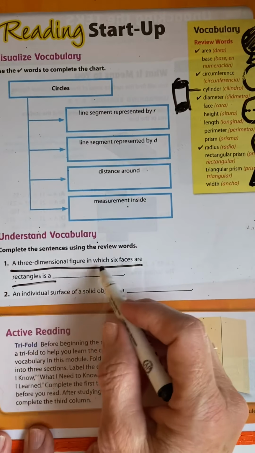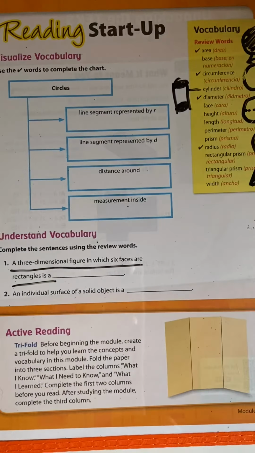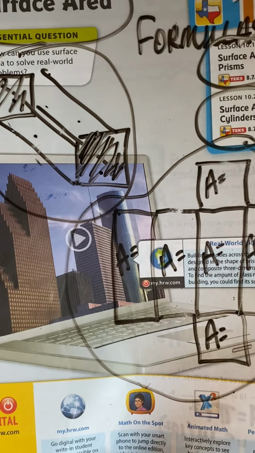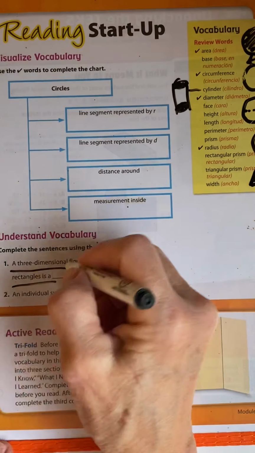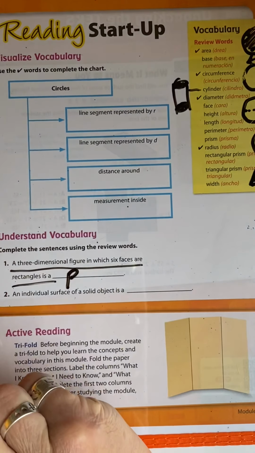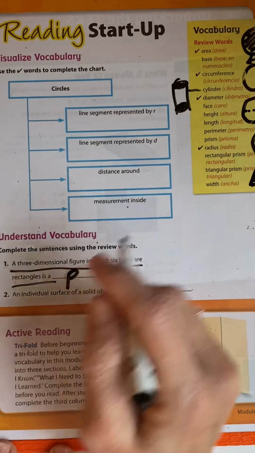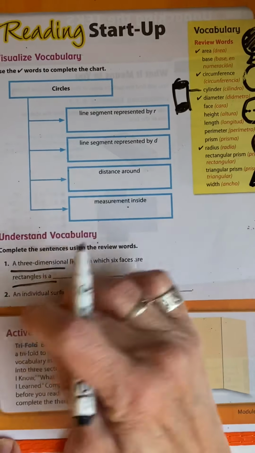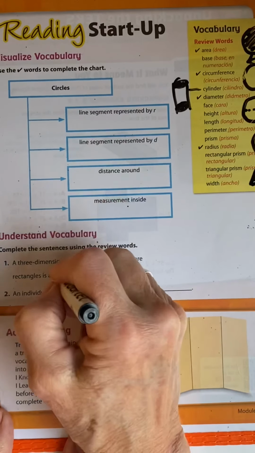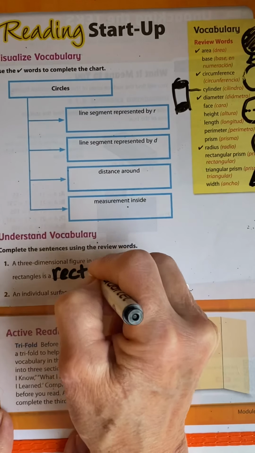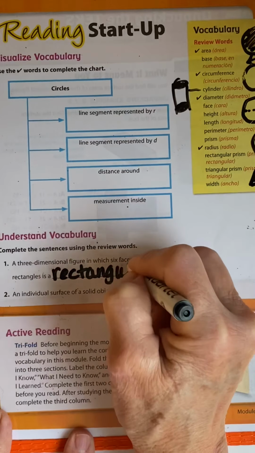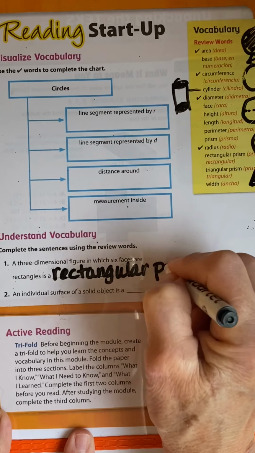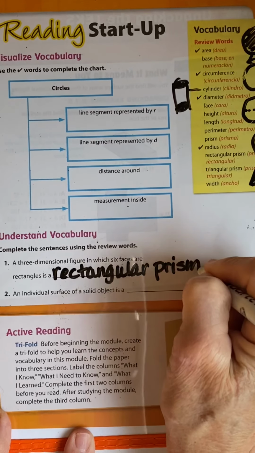So which one is a three-dimensional figure in which 6 faces are rectangles? Well, what's that called? The rectangular prism. Okay, it's a prism. Oh, yeah, it did have it, sorry about that. Rectangular prism, not just prism.